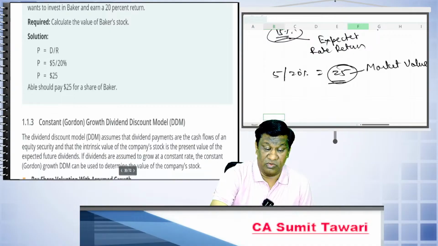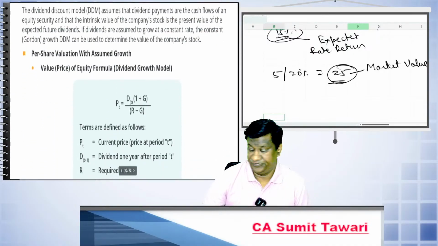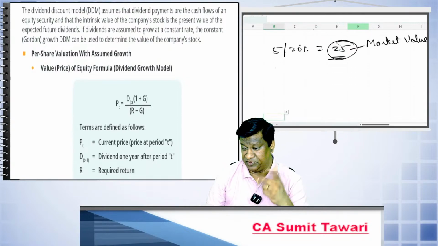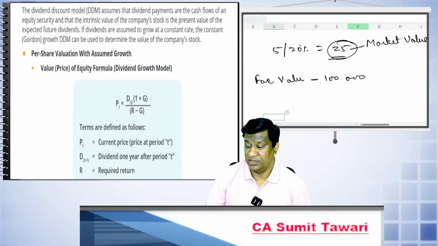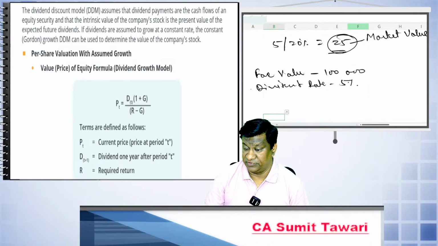Now the Gordon growth dividend discount model. Here we take the same previous example: face value 100,000, dividend rate 5%, expected rate of return 15%.